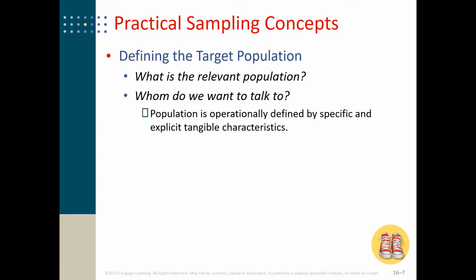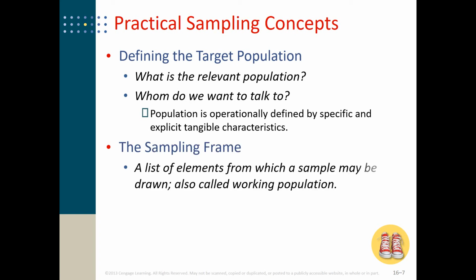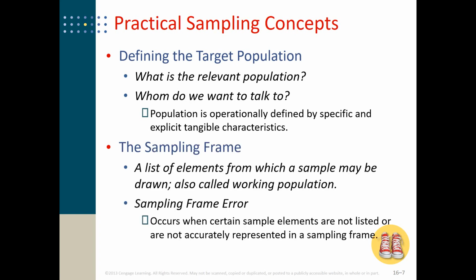Okay. And once the target population is defined, for example, as I said, the students or managers or voters, then we need to determine a sampling frame. What is a sampling frame? A sampling frame is a list of elements or a list of identities from which the actual sample can be drawn.